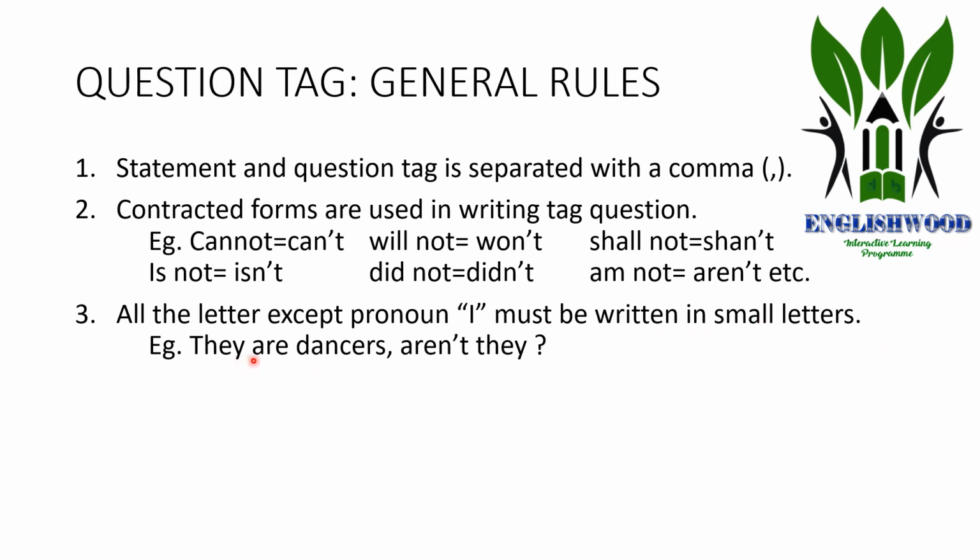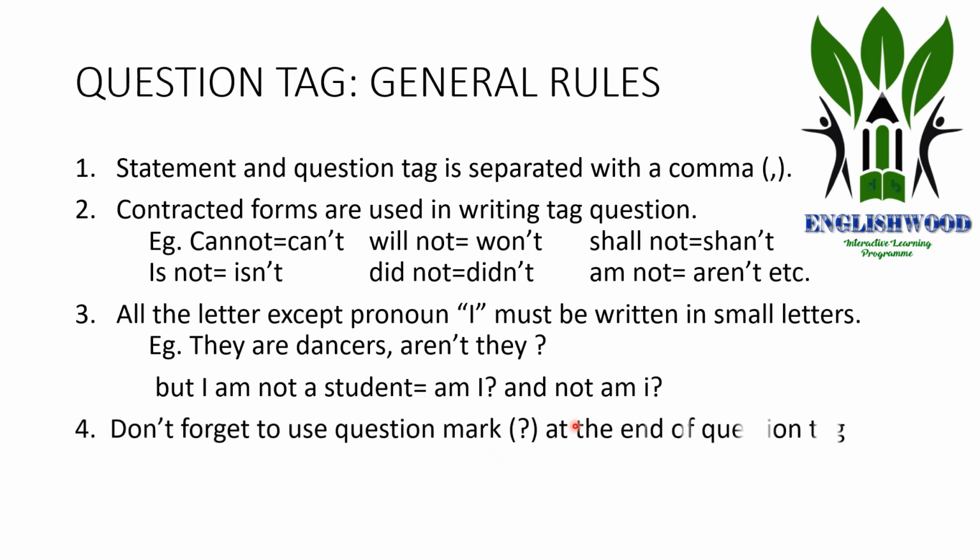Example: they are dancers, aren't they? But: I am not a student, am I? Look at this, I is in capital letter. Remember this rule, which we will also read later. Don't forget to use a question mark at the end of the question.